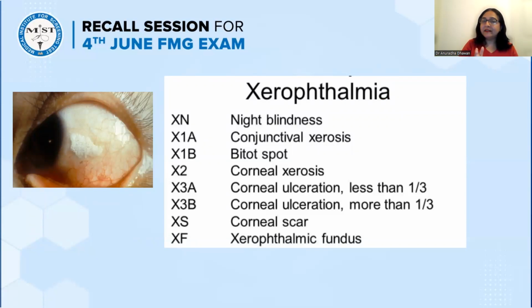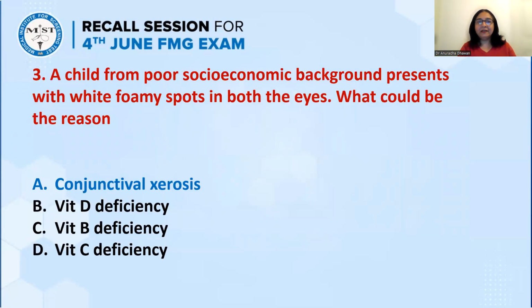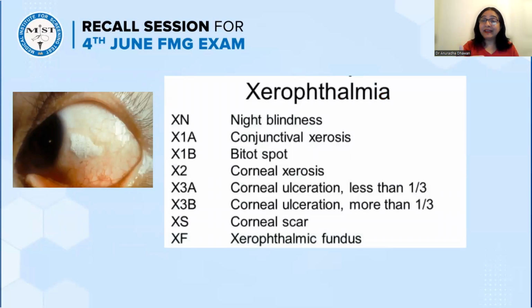We have studied a spectrum of the vitamin A deficiency signs and symptoms in the eye, which are known as xerophthalmia. So you had to identify that the question is asking about the Bitot spot, and then the choices given were most likely conjunctival xerosis, vitamin D deficiency, B and C. They didn't directly ask for vitamin A deficiency, but you had to identify that since xerosis is also a feature of vitamin A deficiency, and the stage of conjunctival xerosis comes before the appearance of Bitot spots.